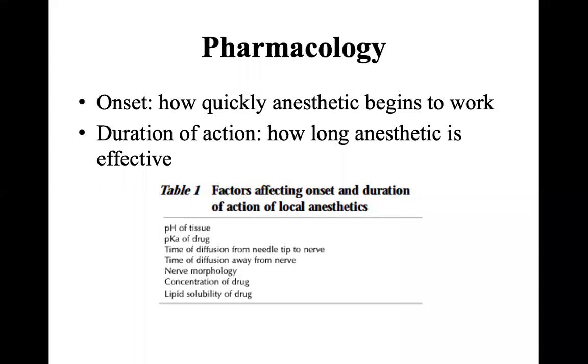A lower pH means that it will be harder to achieve profound anesthesia. Clinically, there's no significant difference in the pK of different amides, with the exception of bupivacaine, which has a slightly higher pK and a slower onset, but pK of drugs are also very important.